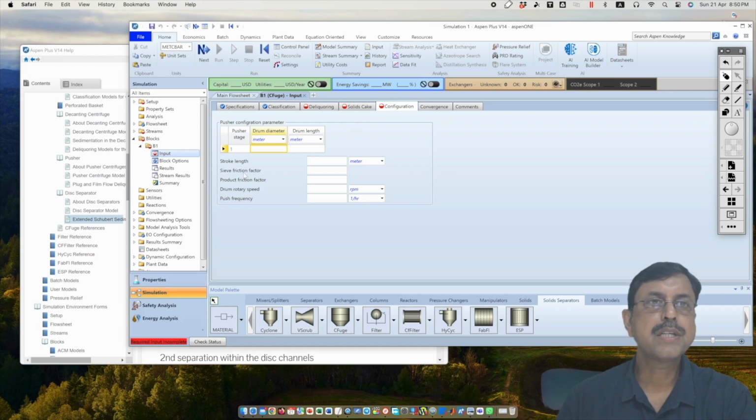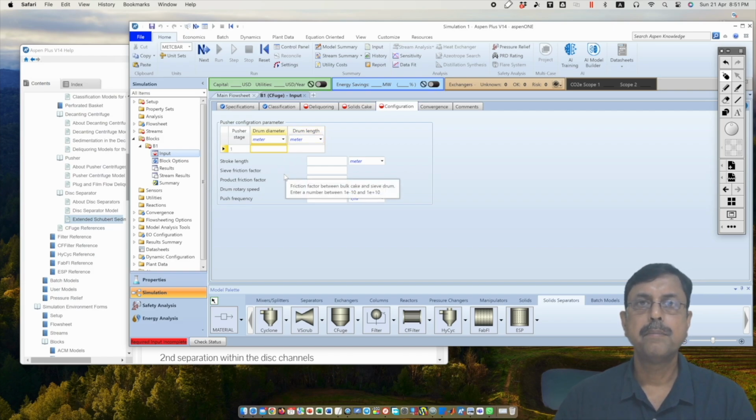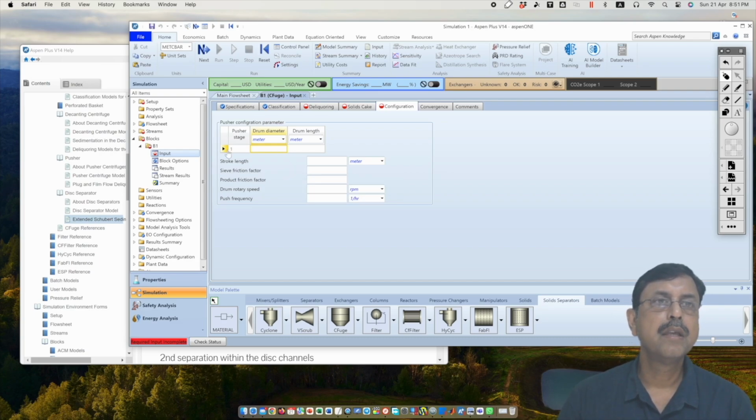In the configuration, you have to provide the stage 1 drum diameter and drum length. So the perforated drum which you have seen, its diameter and length you have to provide. You have to provide the stroke length. I mean, for each stroke, what is the displacement the drum is experiencing, that is the stroke length.